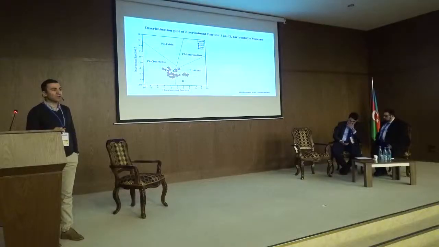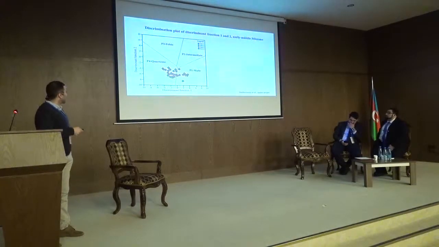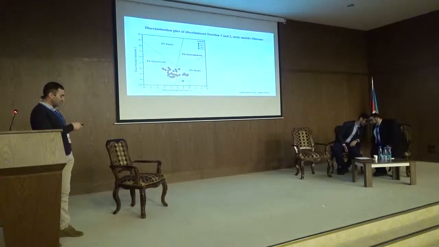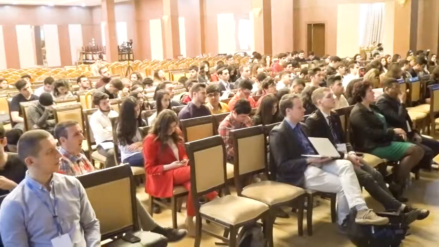It helps us to understand provenance, what kind of deposits were eroded during Miocene time. And what we found is that the main source was the Russian platform. Our sediments came from the Russian platform into the Caspian Basin.